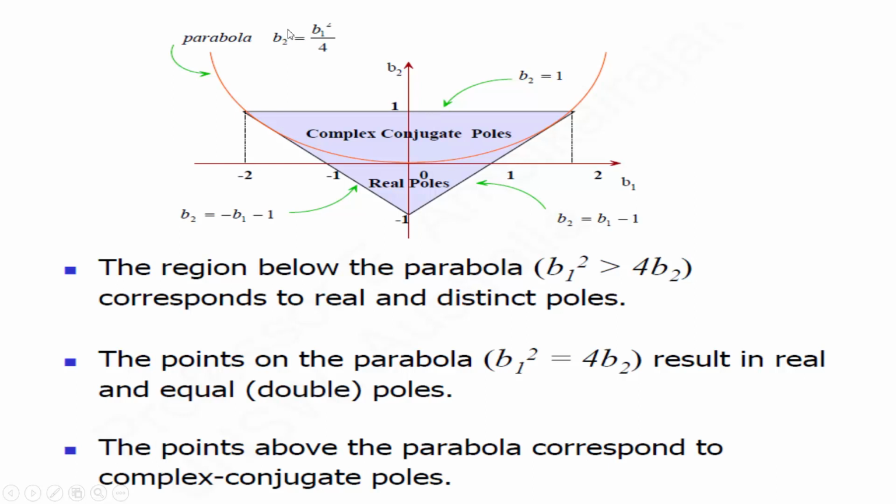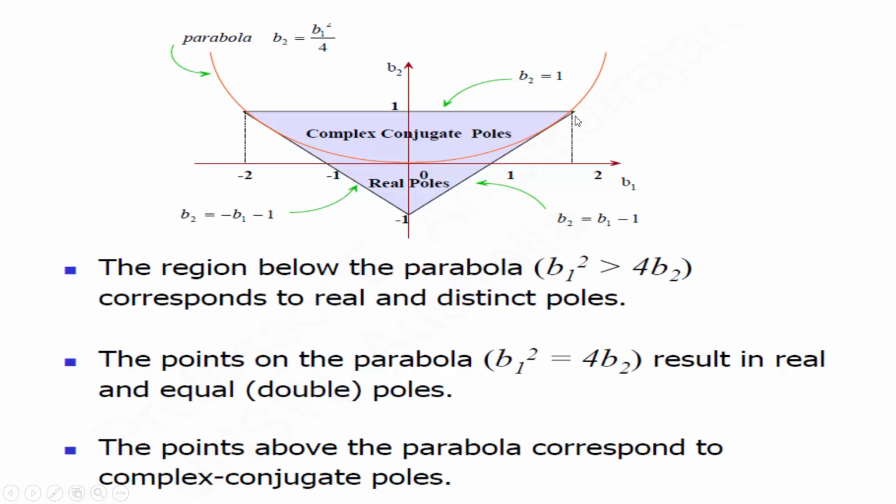Now, what I'm trying to explain is what the b2 and b1 values should be so that the system remains stable. One curve we get is a parabola, which is this parabola, right? The other are straight lines, three equations rather: b2 equal to 1, b2 equal to minus b1 minus 1, b2 equal to b1 minus 1.